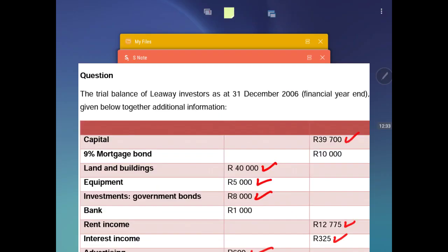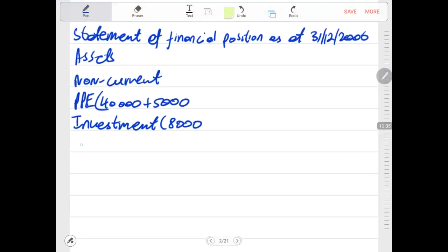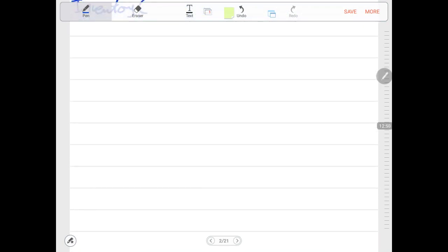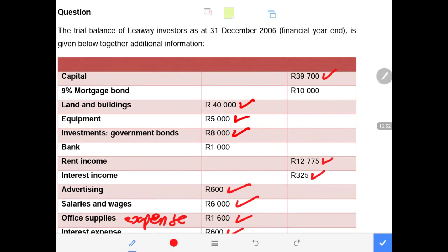Then we come to what we call current assets. We come to our current assets, and we know that our current assets are made of inventory. We open brackets, and there is no item of inventory in our trial balance as yet.